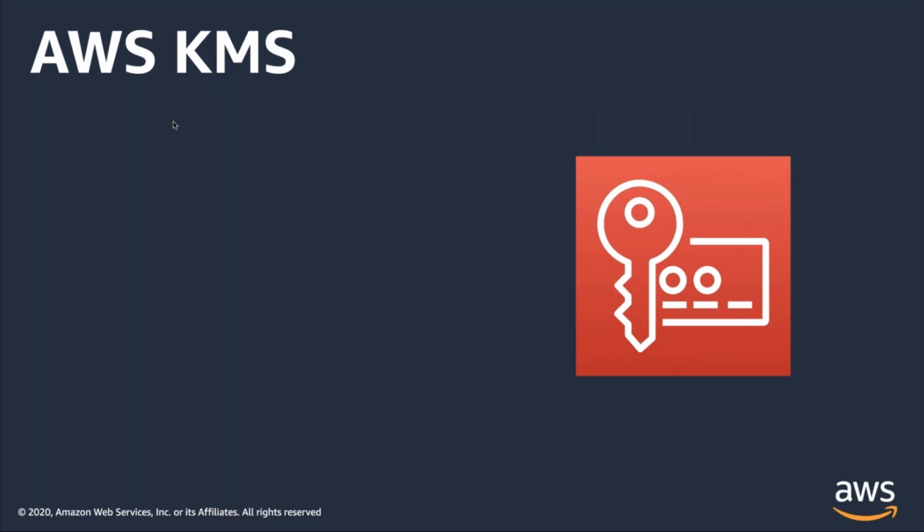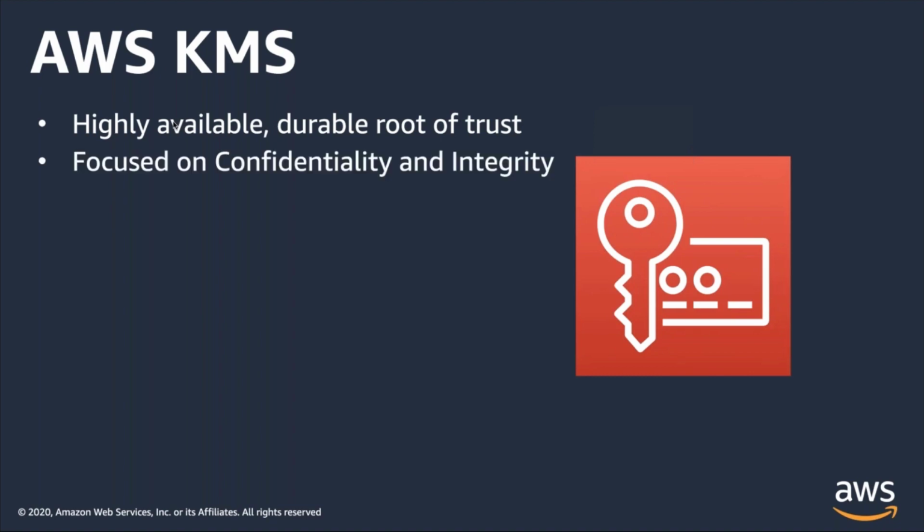I'd like to talk about each of the individual KMS or AWS cryptographic services to make sure that we've covered each of them and the use that they can provide, which Paul will get into in a little more detail later. So KMS is a highly available and durable root of trust that can store your root keys. It's focused on the confidentiality and integrity properties of data and generally uses AWS IAM to perform authentication functions.